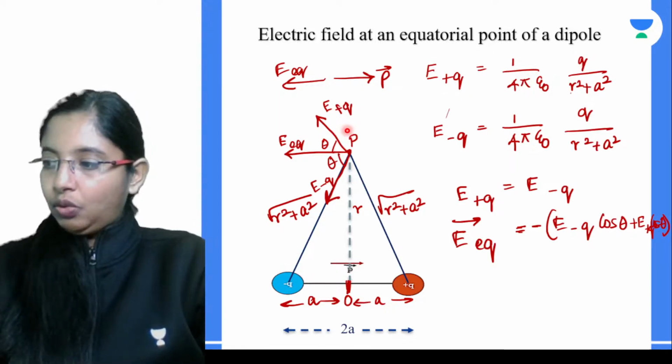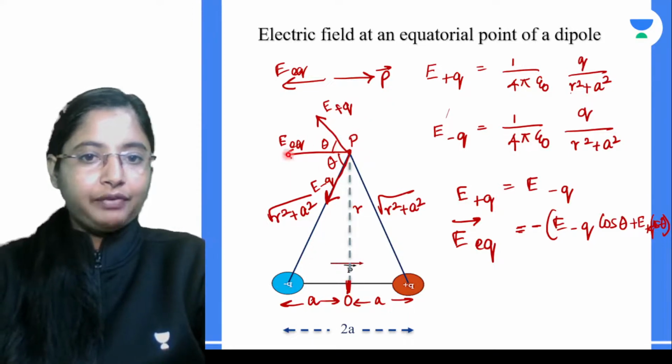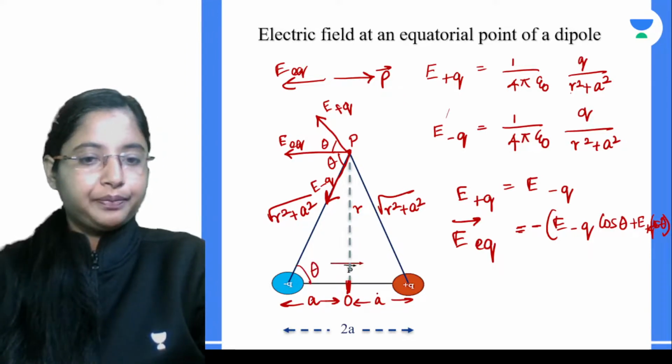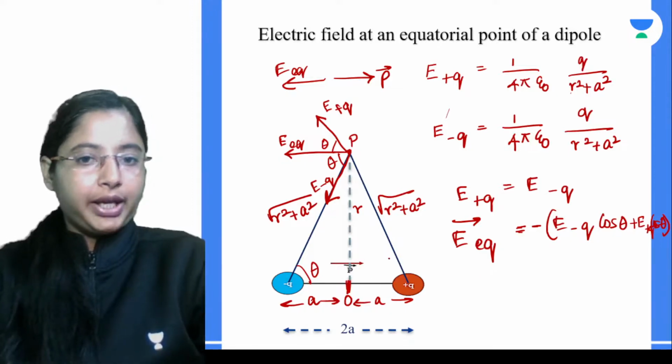If we have two parallel lines and a line passing through the center, and this angle over here is theta, then this angle will also be theta. Now if this side is a, this side length is also a.